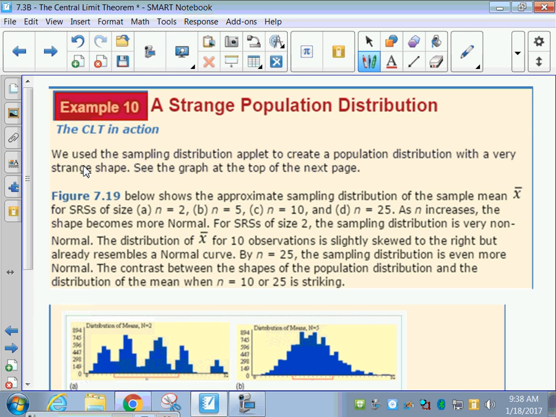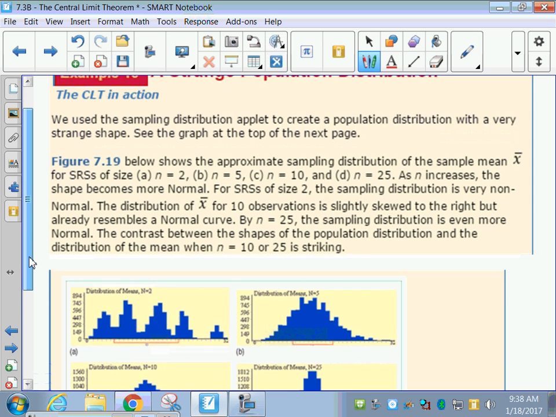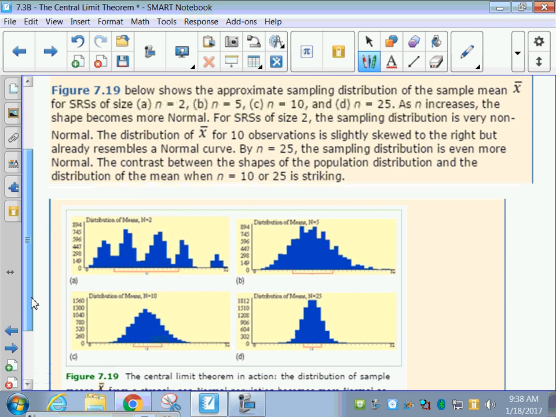We use the sampling distribution applet to create a population distribution with a very strange shape. See the graph at the top of the next page. The figure shows the approximate sampling distribution of the sample mean x bar. That graph at the top of page 458 is pretty crazy looking. It's not anything close to normal. We've got like 3 different peaks.